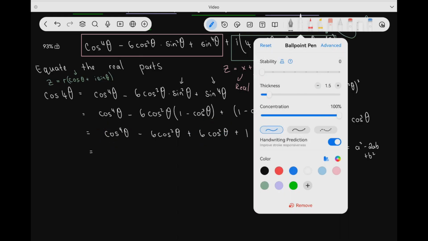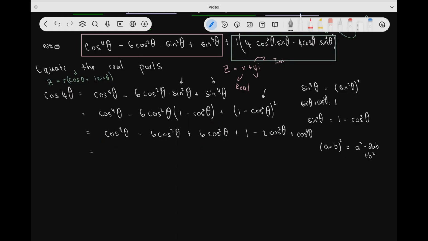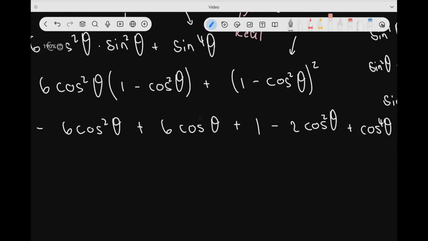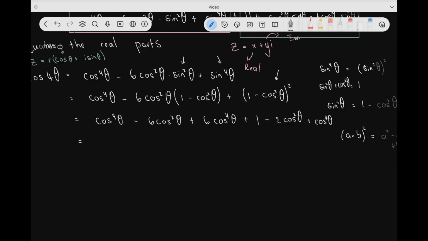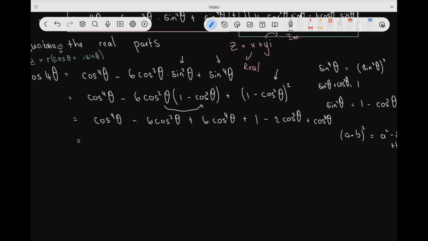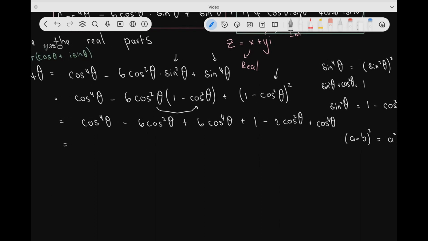I see my mistake, because I remember from the previous answer there was an 8. So the mistake I made there was I multiplied the 6 and the positives correctly, but I did not multiply the cosine squared correctly. It's a bit of a mistake. And that's actually one way you can double check your answers. So that then gives me 8 cosine 4 theta.